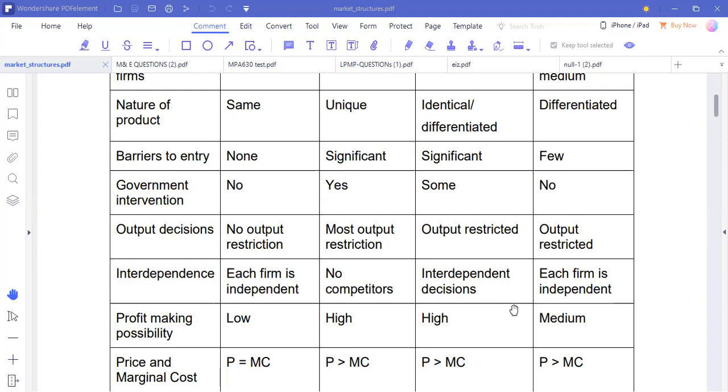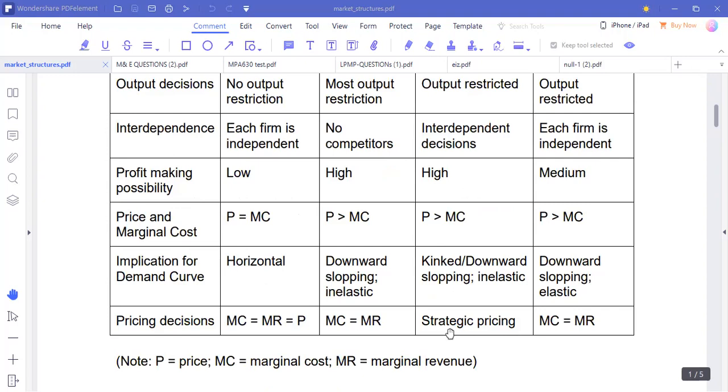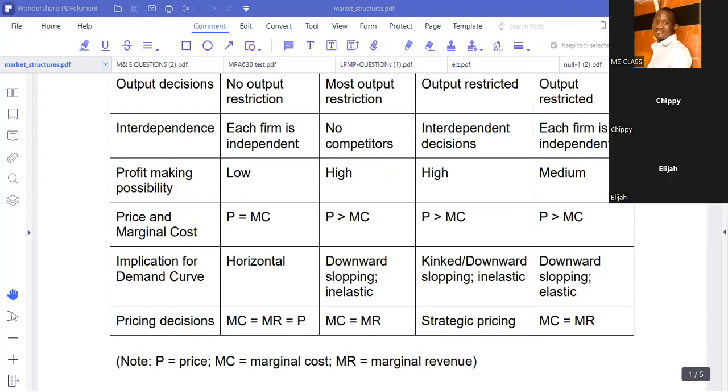If you decide to sell lower, they'll go below you to put you off the market. So they make decisions interdependently, and profit making here is high. Our price curve is above the marginal cost curve, and the demand curve is downsloping but kinked. The elasticity here is both elastic and inelastic, and pricing decisions are strategic.